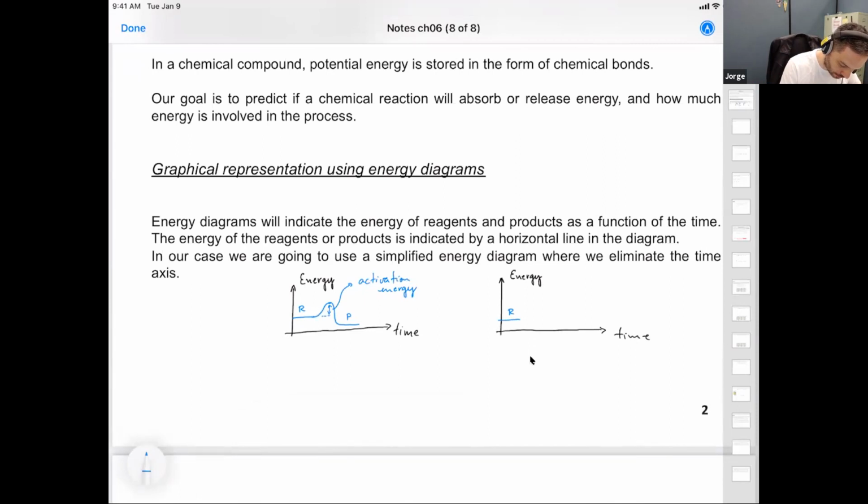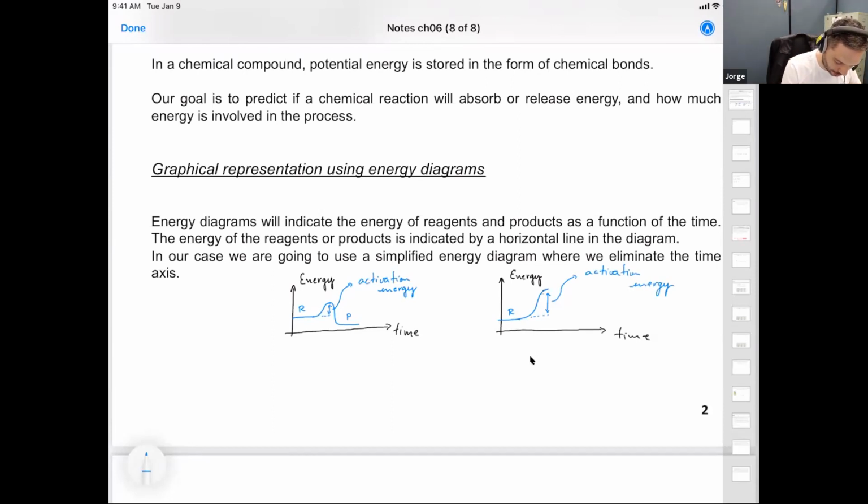Any reaction needs energy to start until it gets to the max point. The amount of energy provided to the reaction is called activation energy. And from the max, then the reaction progresses all the way to form the products.